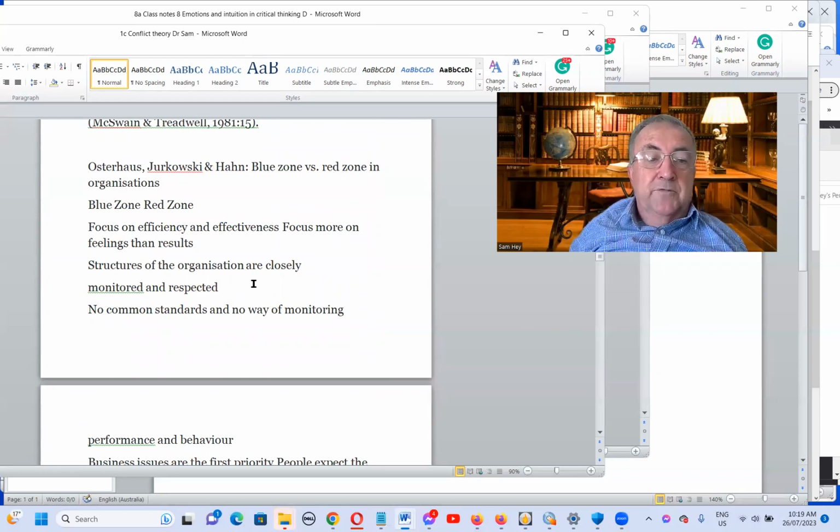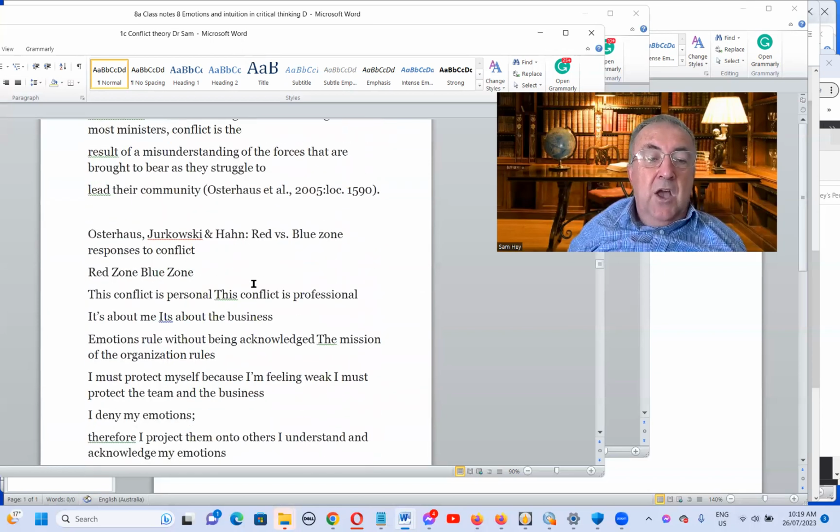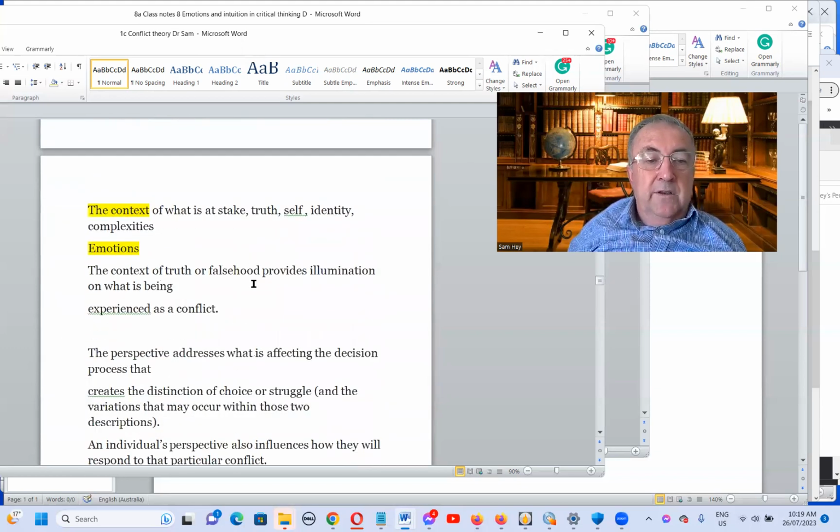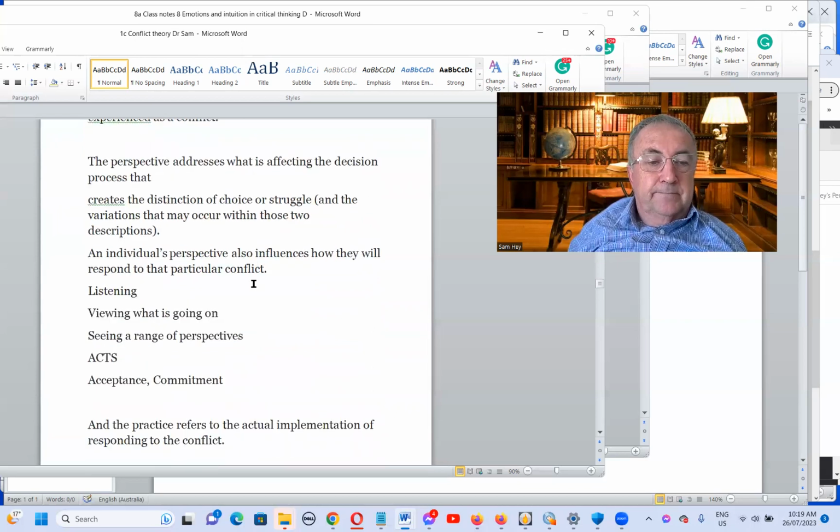Some people even talk of different zones and different ways of understanding different aspects of conflict, which you may find value in looking at.